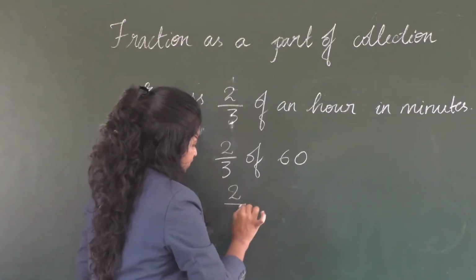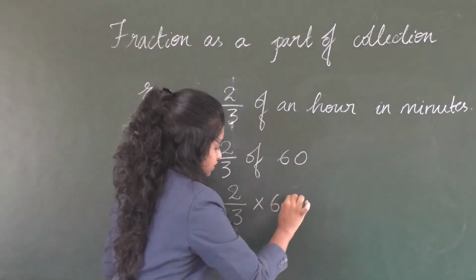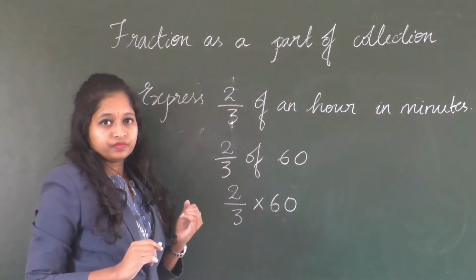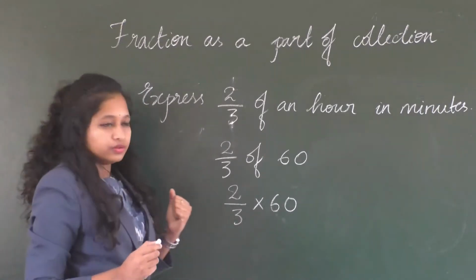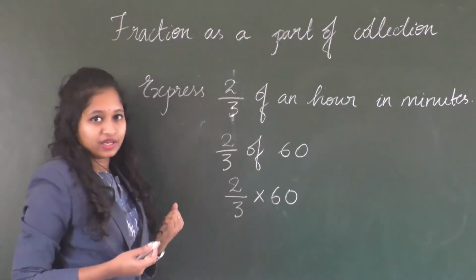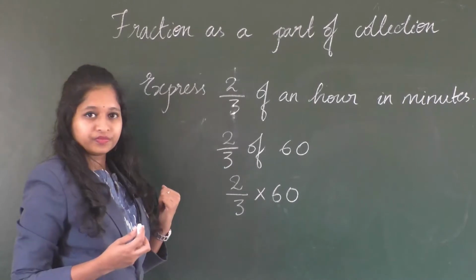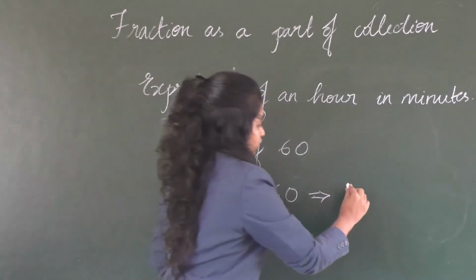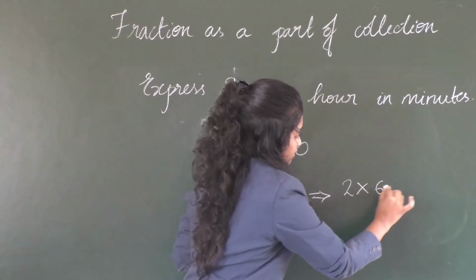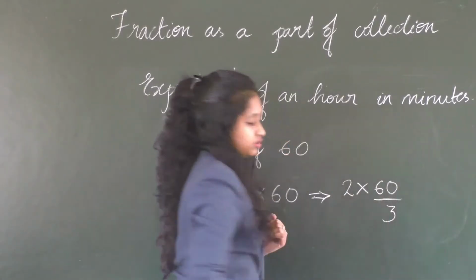So 2 by 3 into 60. Now let's multiply. We can write it as 2 into 60 by 3.